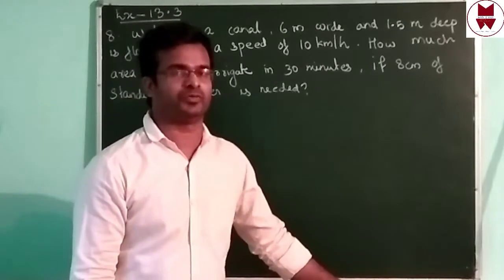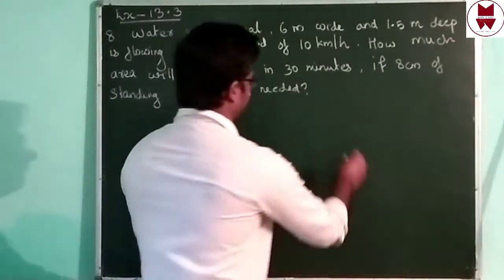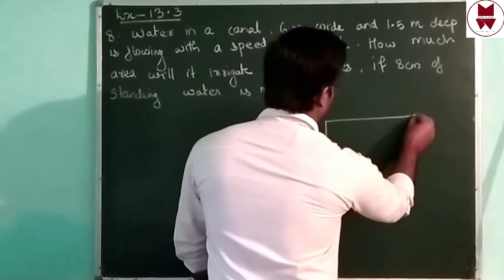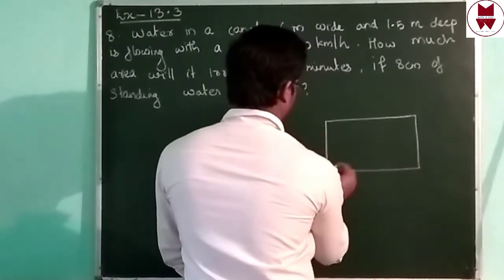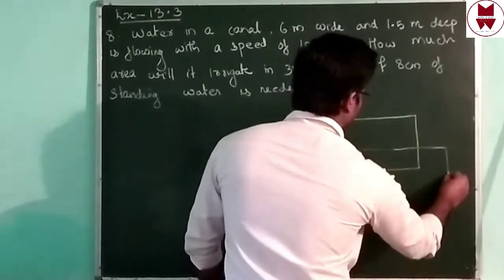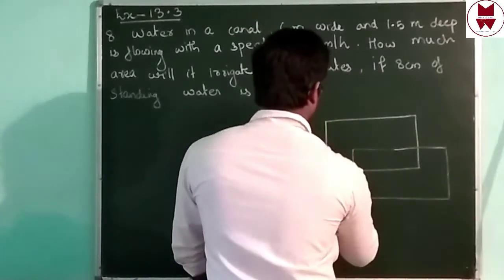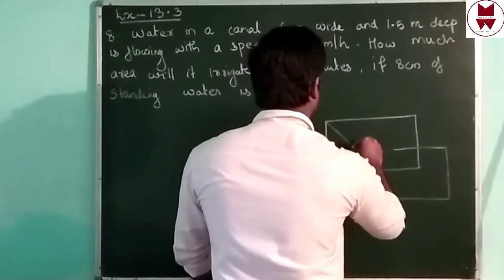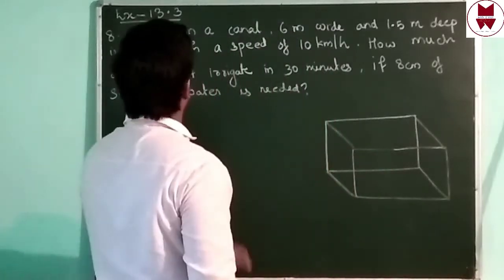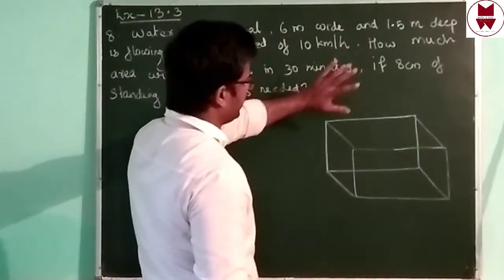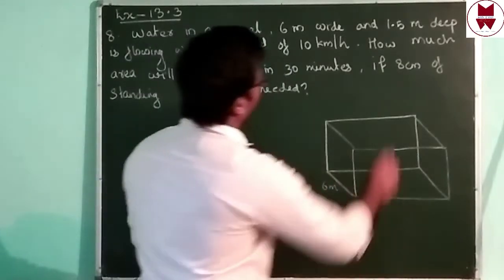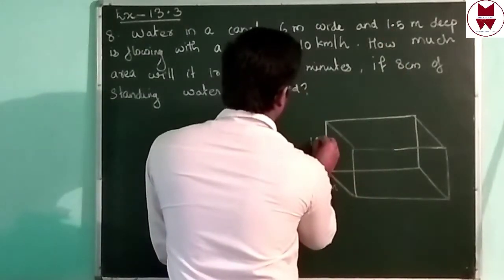First we have to draw one canal, just like one canal, that is cuboidal shape. Then width already given, that is 6 meter. Then height is 1.5 meter.